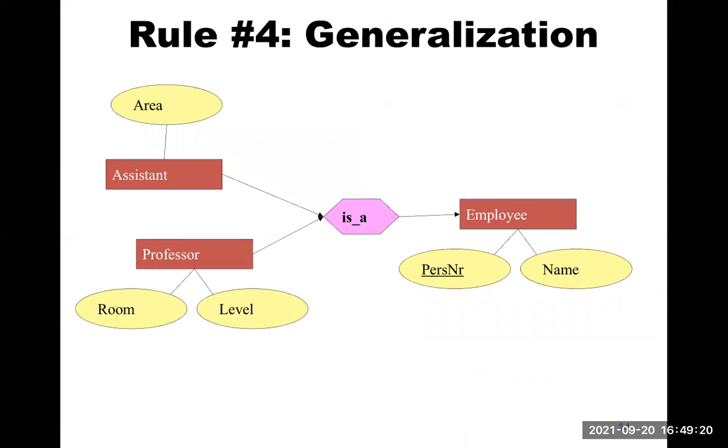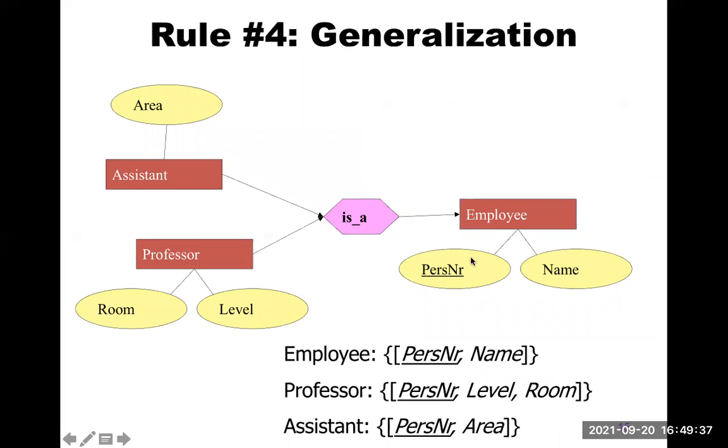So, two more rules for special situations. A professor is an employee, an assistant is an employee. So how to implement it? The first way is coming from top to down of this tree.